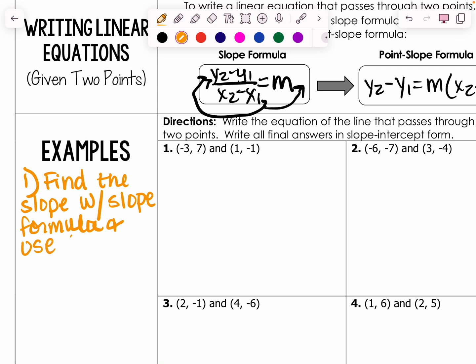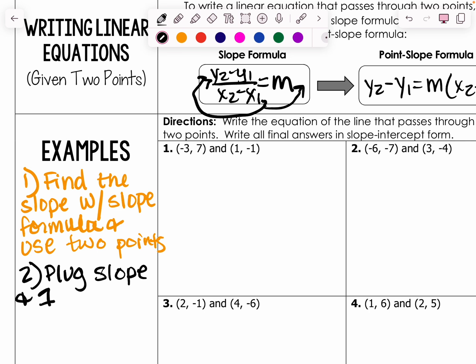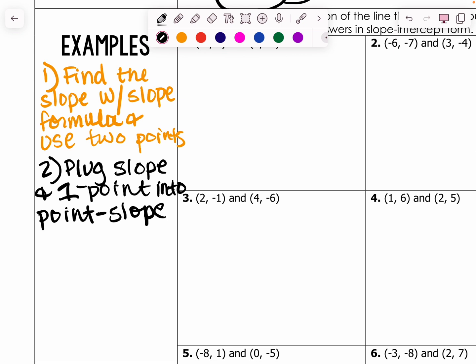Use 2 points, right? So that's how you're going to find the slope. The second step is you're going to plug slope and 1 point into point slope equation.